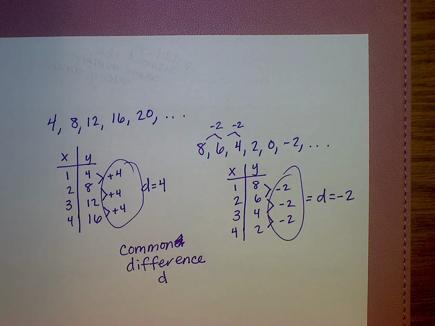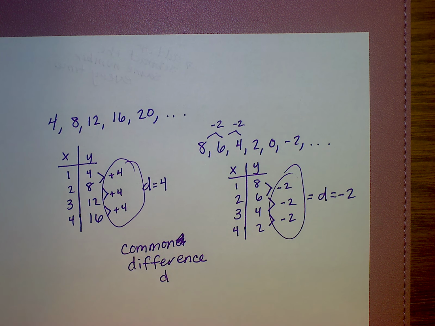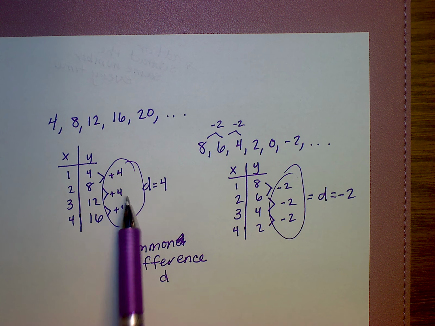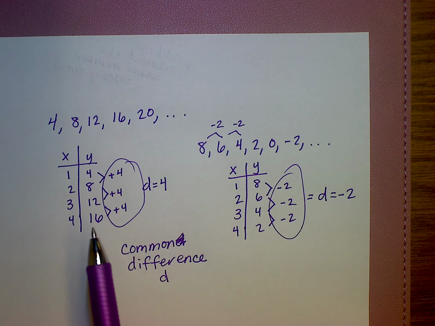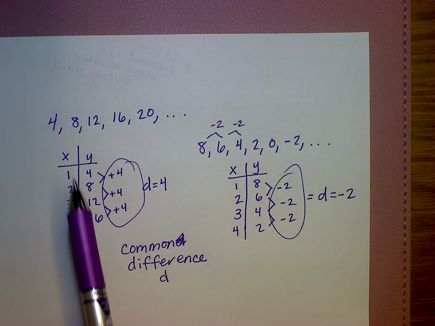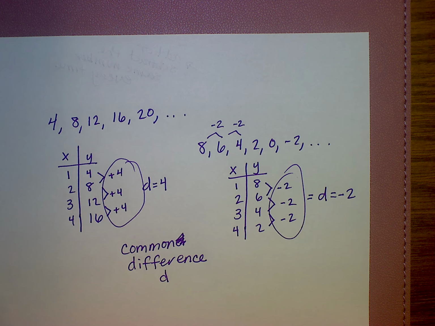Does that make sense? Does anyone remember, now last class I had up a table and a graph and an equation all at the same time. Do you remember that? And the table, it actually had a +2 on it. And I said, where's the +2 on the graph? And you guys said, oh, it's how far it's going up to get to the next point. Do you remember that?